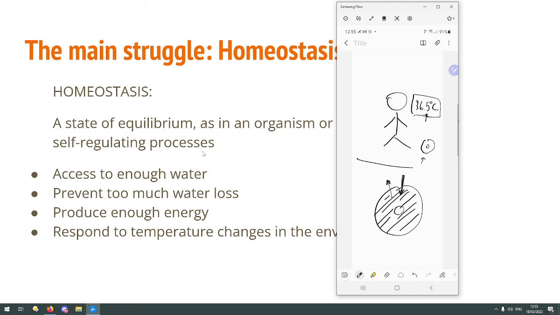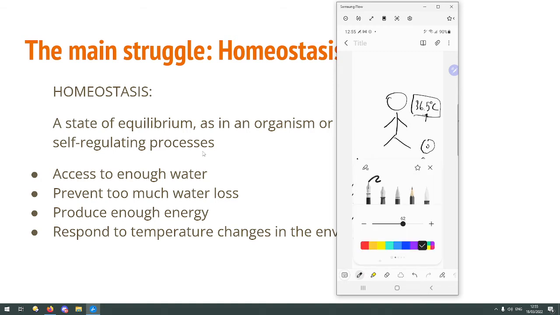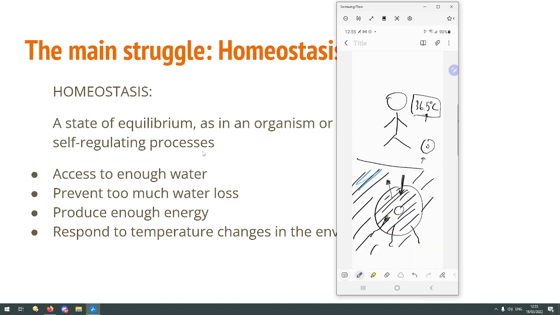And for example, if you put cells in a very saline solution with salt water, all the water inside the cell goes out and the cell dies, shrinks and dies. But in turn, if you put it into a very diluted environment with lots of water but no salt, the water rushes inside the cell and kills it. So we need a certain amount of water intake to keep our cells hydrated, and we need a certain amount of energy intake to keep them alive, our body temperature.